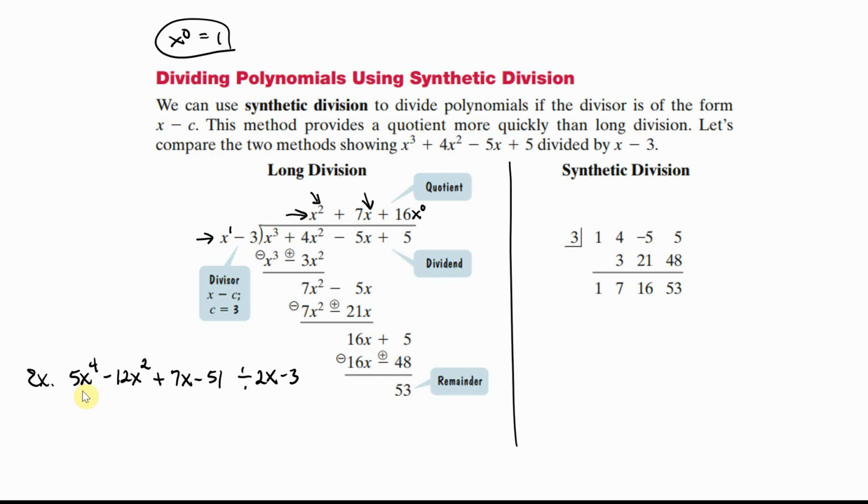Look at that polynomial. I'm missing a term. I'm missing the x to the third, right? So if we're missing a term, you want to insert a 0. Insert zero for missing terms.